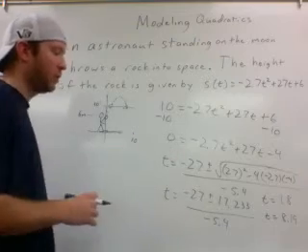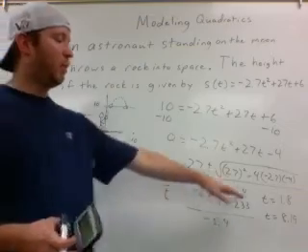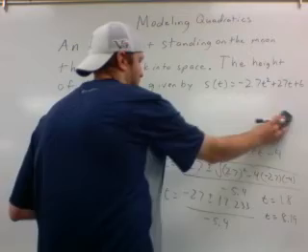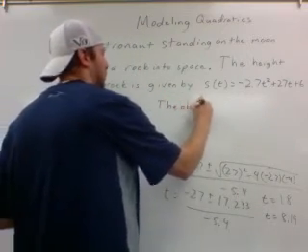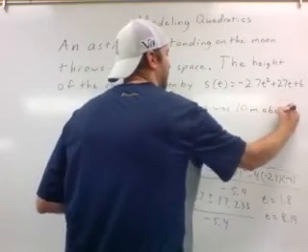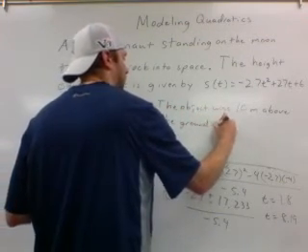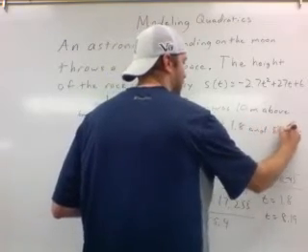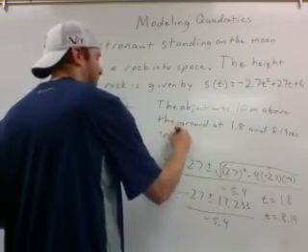Okay, so again, what does this mean? It means that the object reached a height of 10 meters at both 1.8 seconds and 8.19. So the object was 10 meters above the ground at 1.8 and 8.19 seconds into its flight.